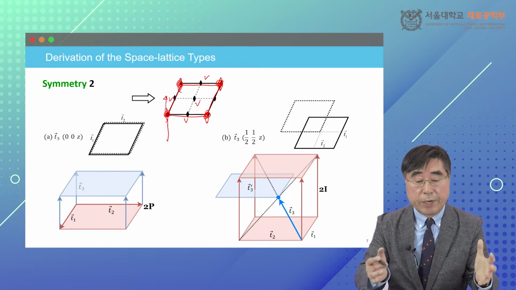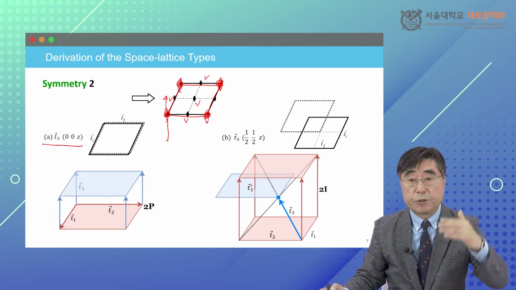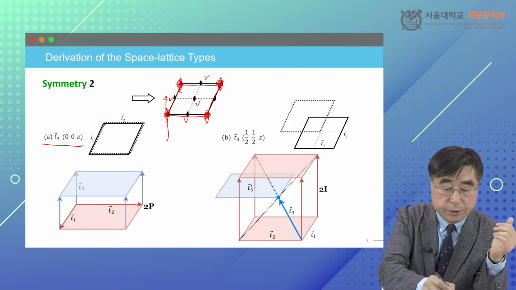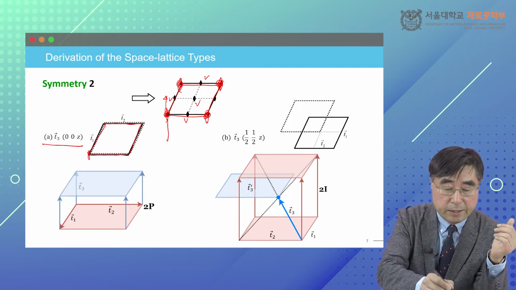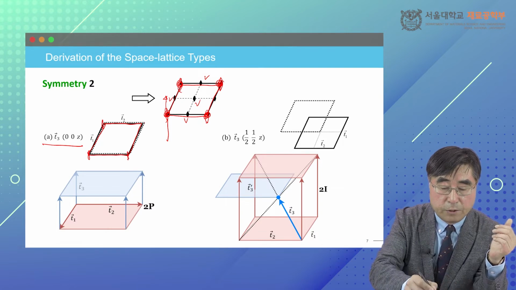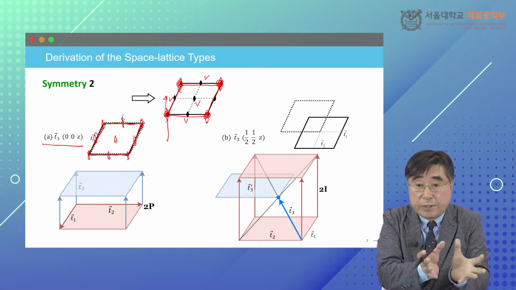So one way of doing that is I select the T3 vector as 0, 0, G, meaning that I put the same plane net just on top of that. Then I see that all the two-fold symmetry is just maintained. Okay? So symmetry elements are conserved.